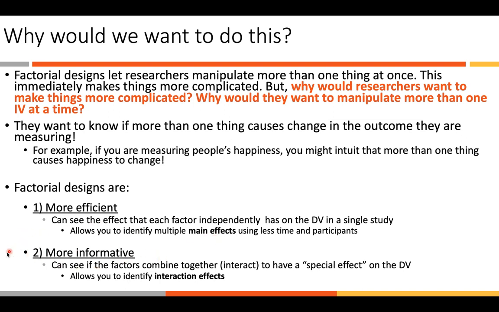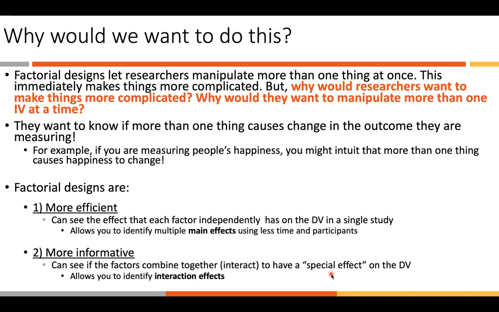Factorial designs are more informative because of this interaction effect or interaction term that they're going to allow us to investigate. This is a very special type of effect on the dependent variable that only exists in situations where we have two independent variables.